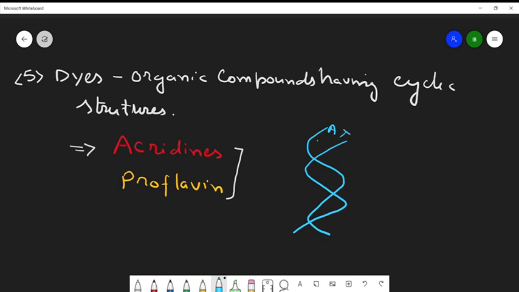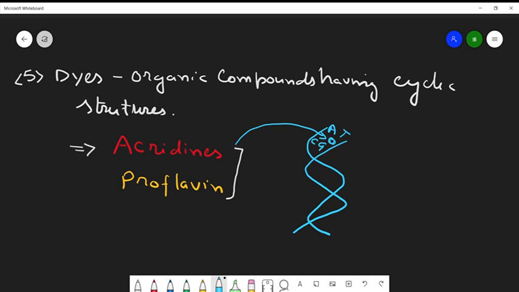Then we have cytosine here, and here it will be guanine. So these acridines, these dyes, get incorporated in between the nitrogenous bases. Suppose they get incorporated between the adenine thymine base pair and the cytosine guanine base pair.